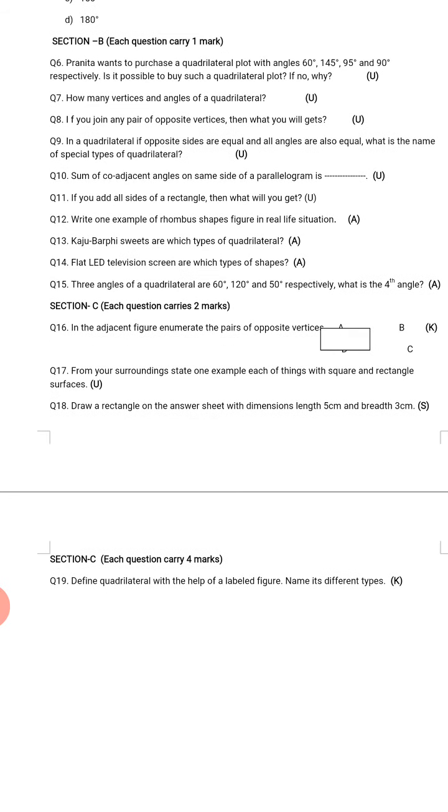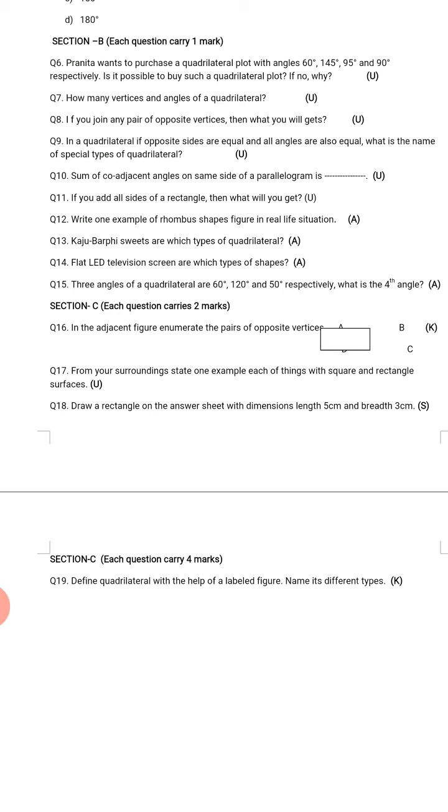Now section D, all the long answer questions. Sorry, here it is D. Please correct it: for the section D, the two sections I have written as C, but the last section is D. Each question carries 4 marks.